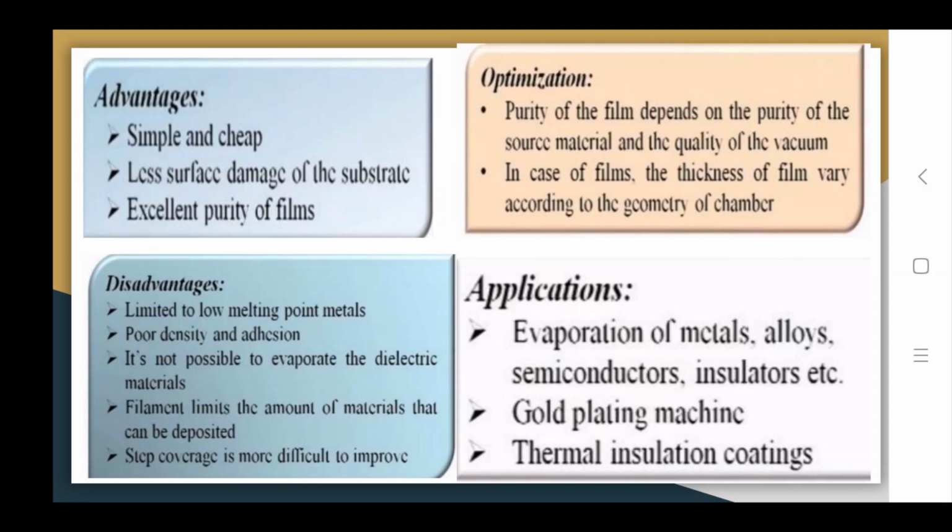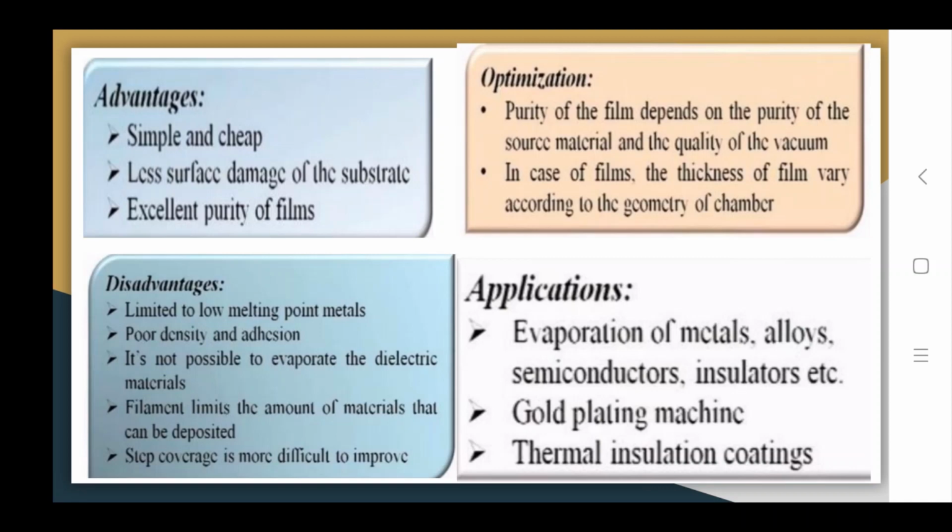Then, using a direct or indirect method, we get excellent purity of the films. We just give energy to the source material so that the source material can come into vapor form and simply deposit onto the target, maybe that substrate metal.